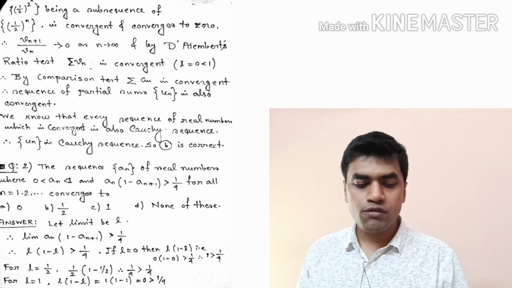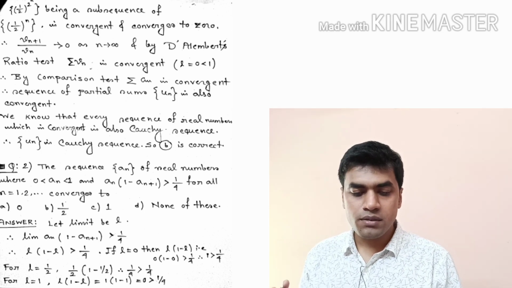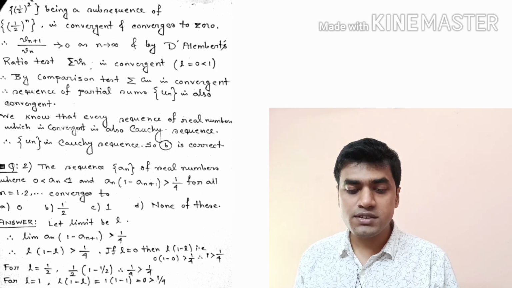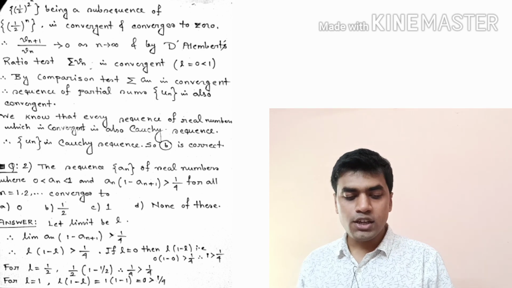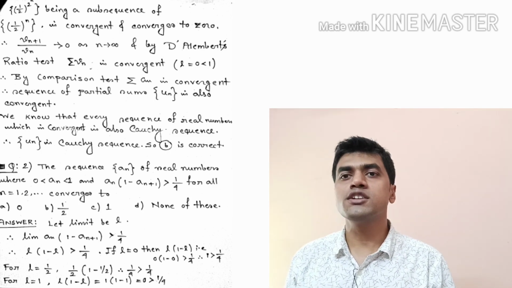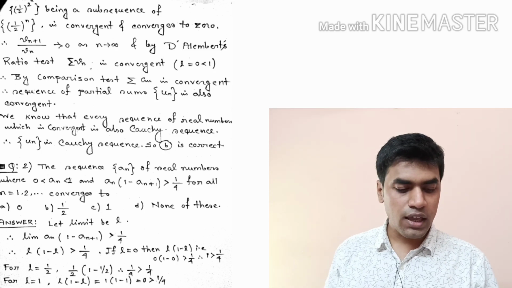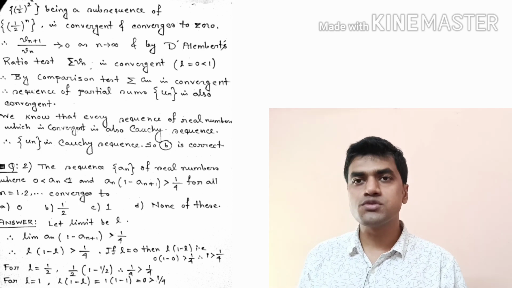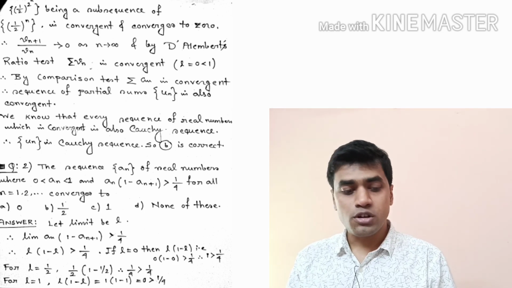If we take L equals 0, then 0 into (1 - 0), that is 0, greater than 1/4, which is absurd. Now for L equals half, half into (1 - half) is 1/4 greater than 1/4, which is also not possible. Now for L equals 1, 1 into (1 - 1) equals 0, greater than 1/4, which is also not possible.